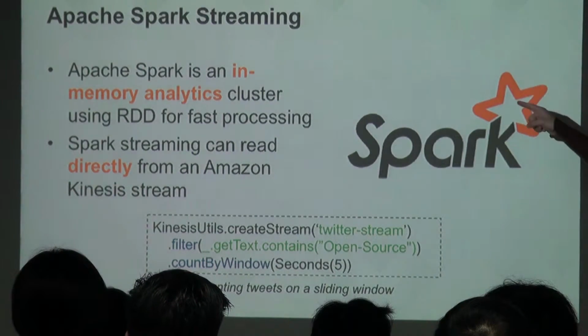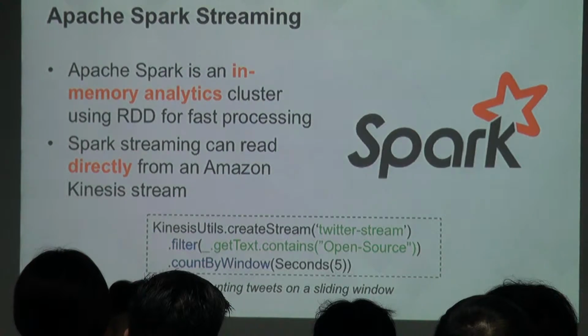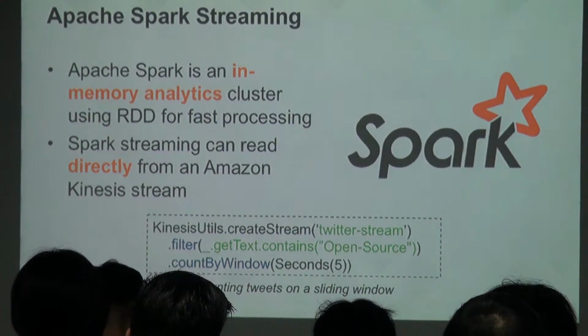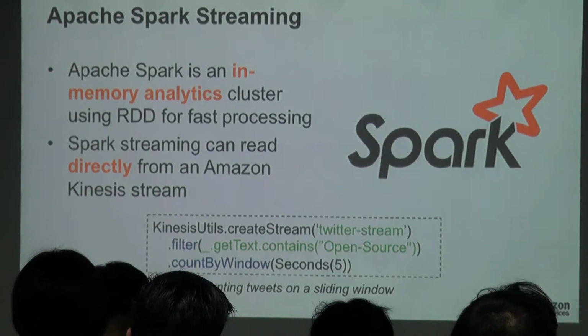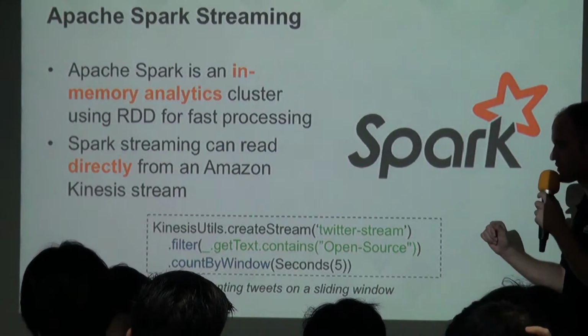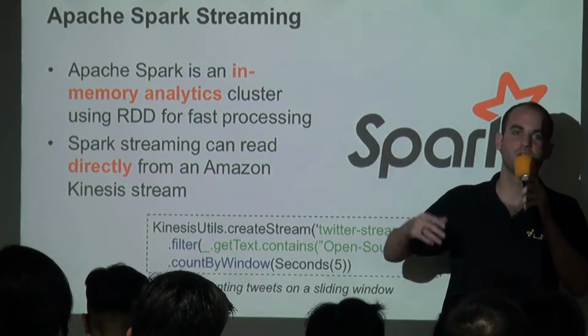And it also has something called Spark Streaming, which can be used to work on real-time data processing streams, and that has a direct integration into Amazon Kinesis. So let's say, for example, I'm going to demonstrate that later, I'm going to use Kinesis and I'm going to feed it with a Twitter stream.